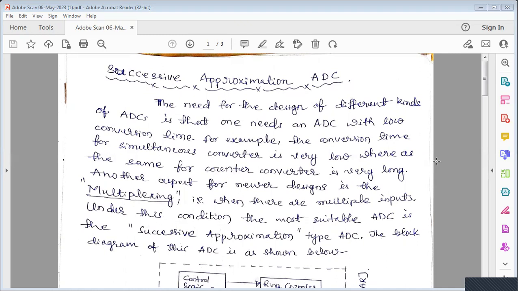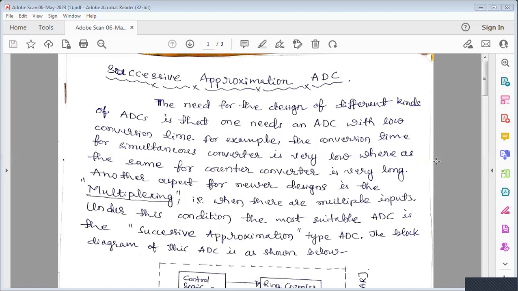Different kinds of ADCs have different conversion times. Some ADCs have low conversion time, but some other ADCs have high conversion time, or they take a long time to convert an analog signal into a digital signal. So that was a very important point to keep in mind while designing an ADC.